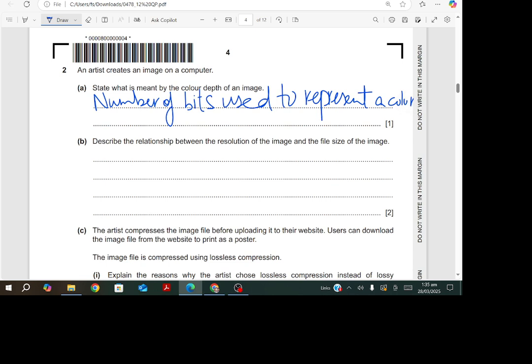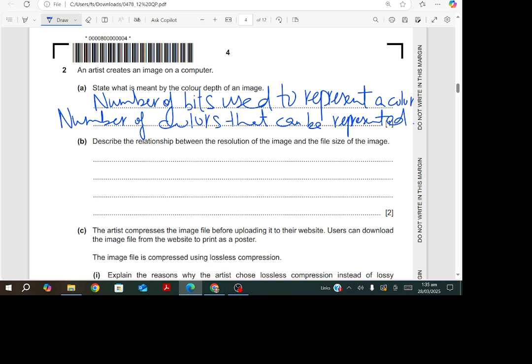What other definition can you write? It also tells us the number of colors that can be represented. Number of colors that can be represented.